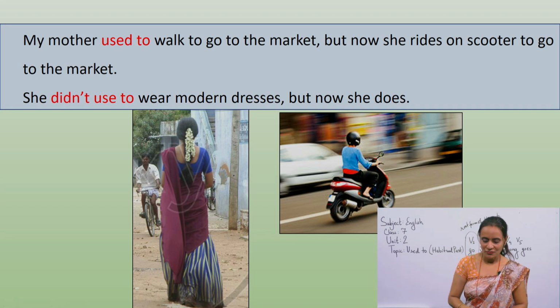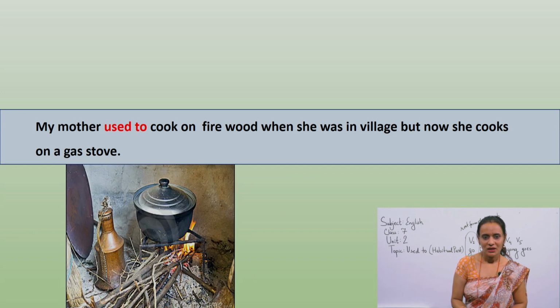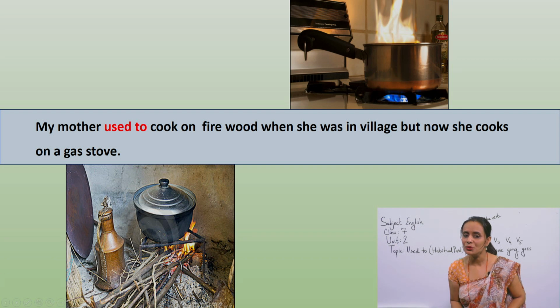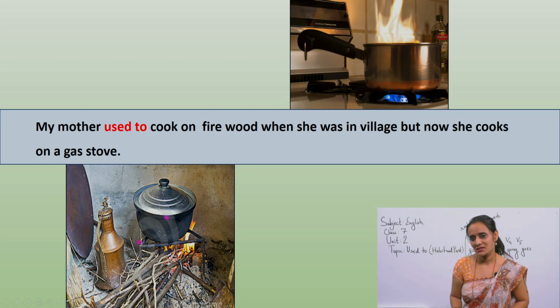Okay, now I have one more thing about my mother. Now see here, two pictures, differences. I have written it here also. You can read it out. My mother used to cook on firewood when she was in village, but now she cooks on a gas stove. Which picture can you guess was of the past? This one? This one is of past? No, this one is of past.